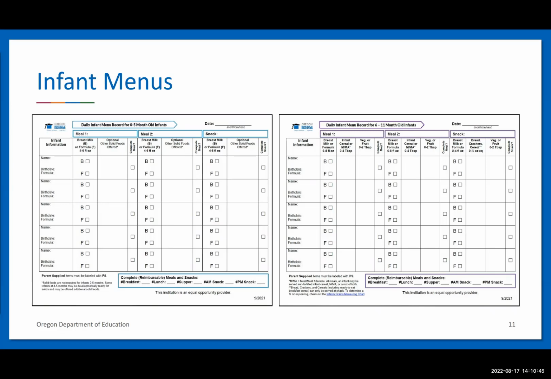ODE CNP has developed a template for the 0 to 5 month age group and the 6 to 11 month age group. These templates include all required components and list out sections in the 0 to 5 month template for optional food items. There is also a section to include both birth dates and the formula or breast milk served.